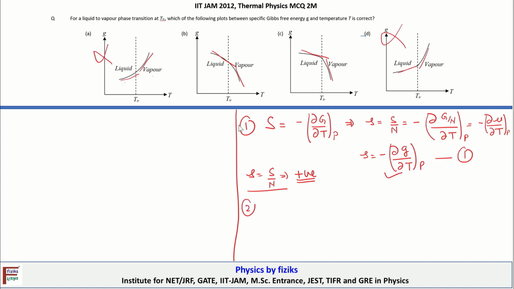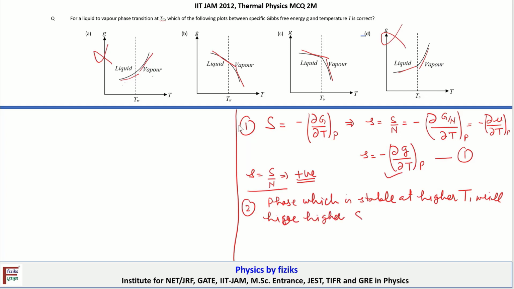The second point that we must note here is that the phase which is stable at higher temperature will have higher entropy S. Why higher entropy?